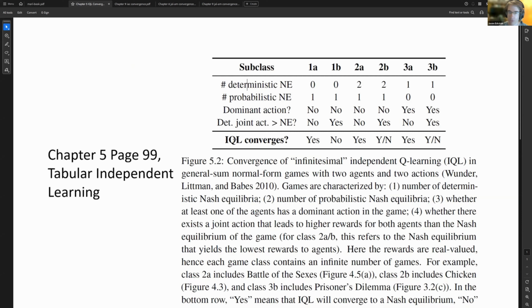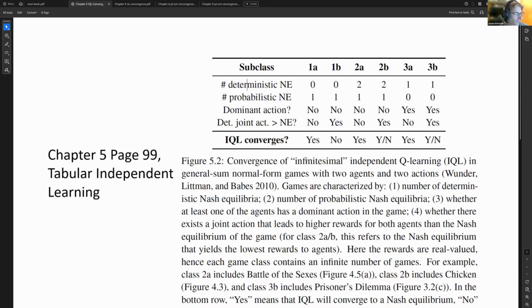We've lost some guarantees that we have with tabular learning. Here we're even looking at a case where we're not looking at a problem with multiple states. This is just convergence of this independent Q learning with just a single game state, like a game like rock, paper, scissors, or, we looked at stag hunt, or a bunch of these matrix games that we looked at.